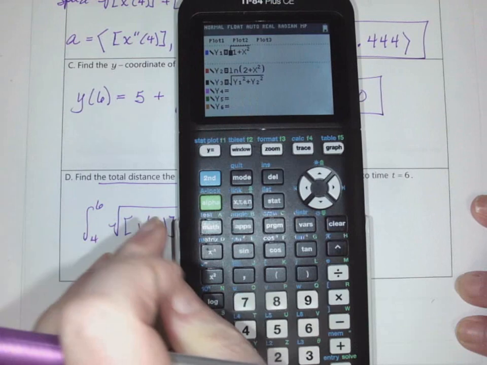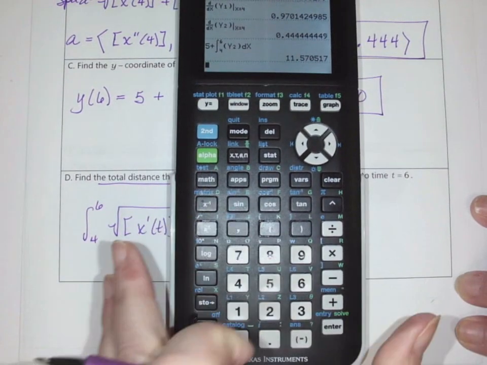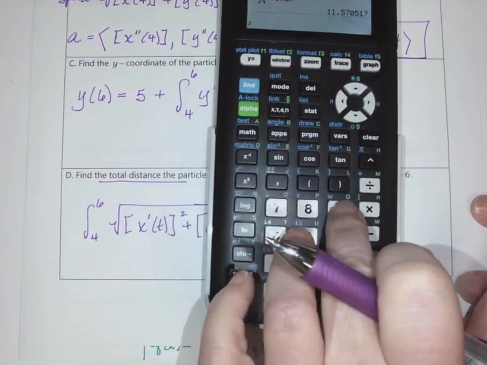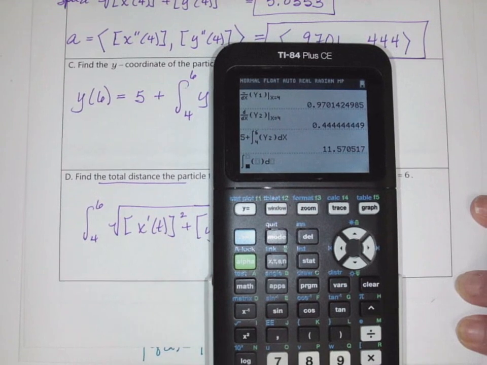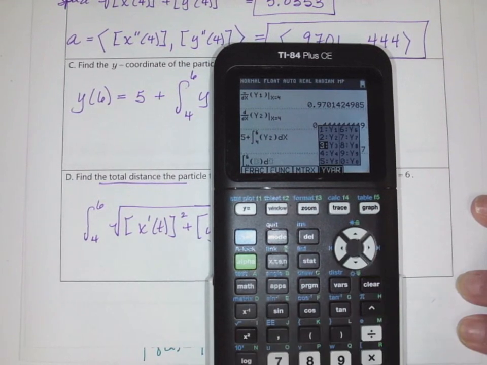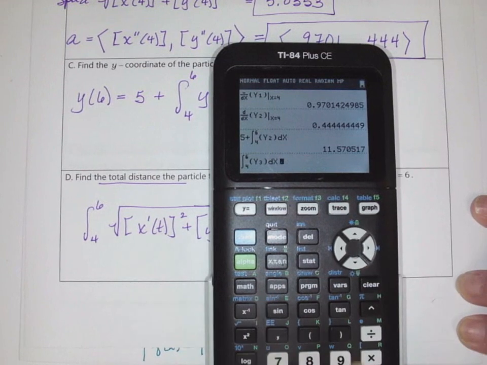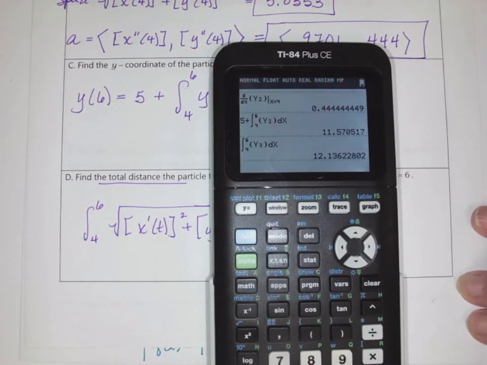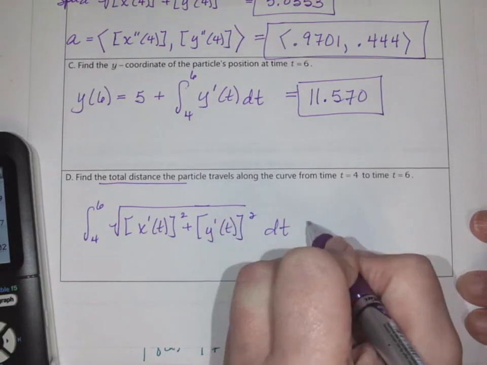There's our speed. So that way we can just do math 9 from 4 to 6 of what's in y3 dx, which is 12.136.